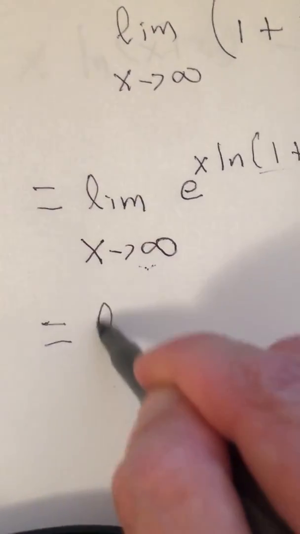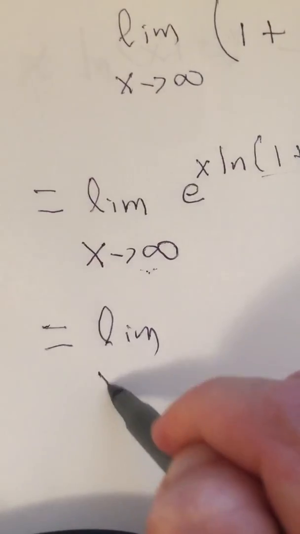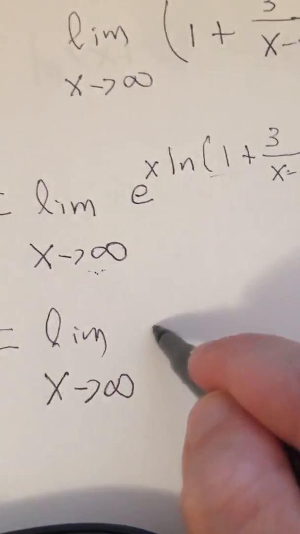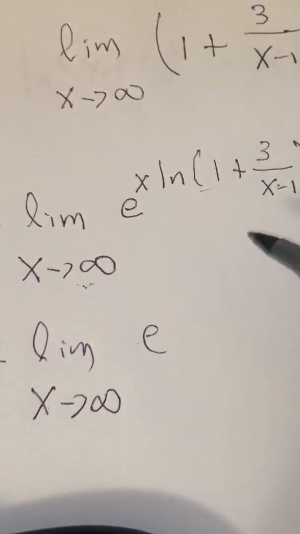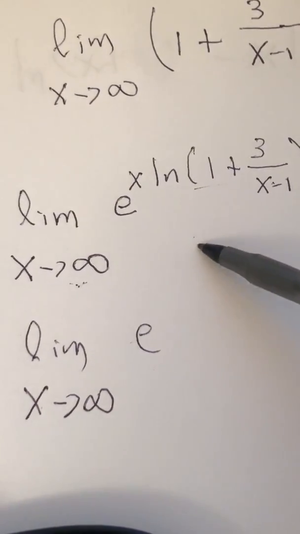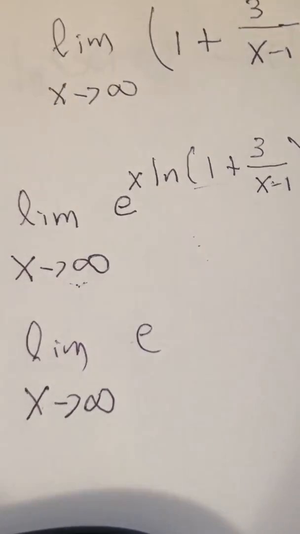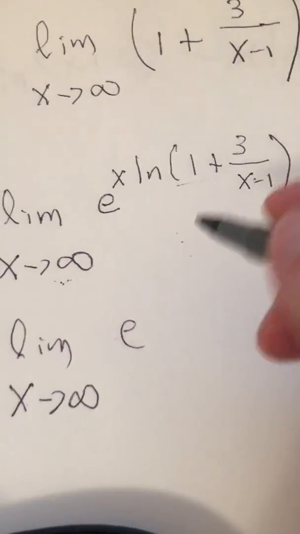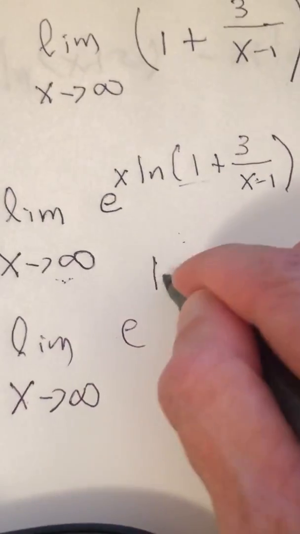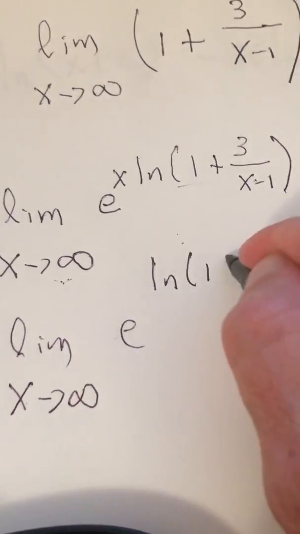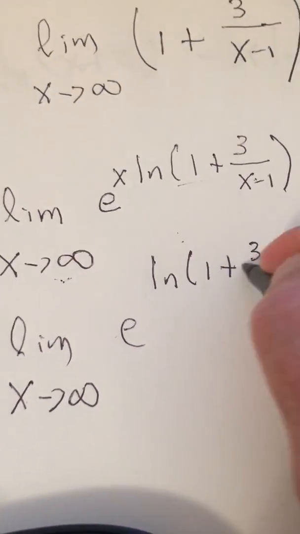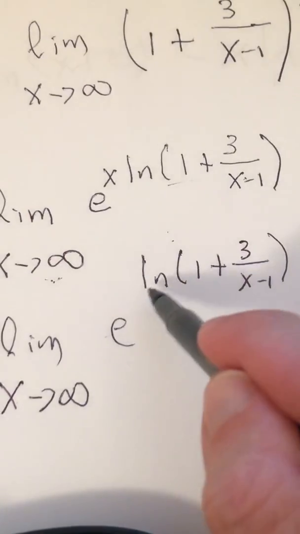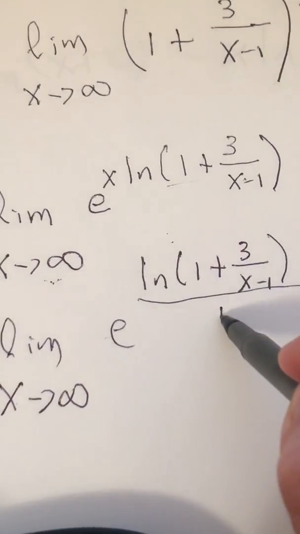What I can do now is rewrite this. What I want is for the exponent to be hopefully a 0 over 0 situation. So I can rewrite this as e to the natural log of 1 plus 3 over x minus 1, all over 1 over x.